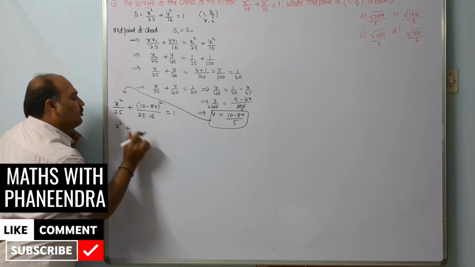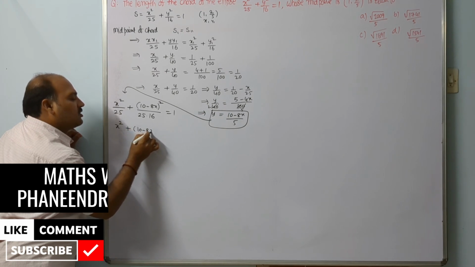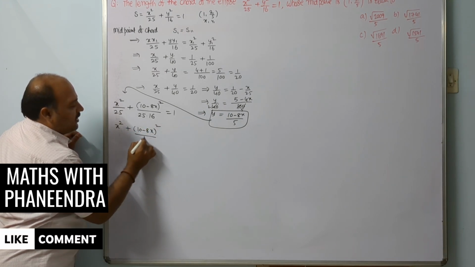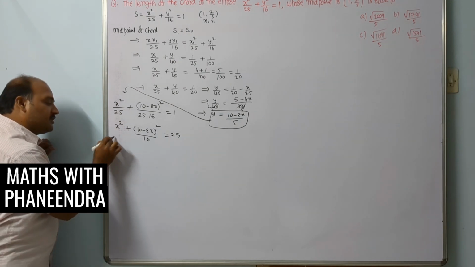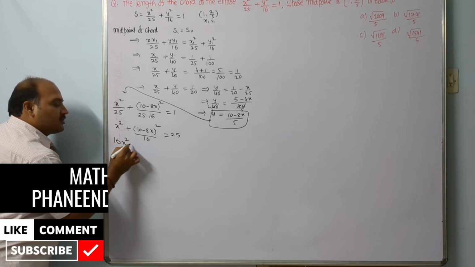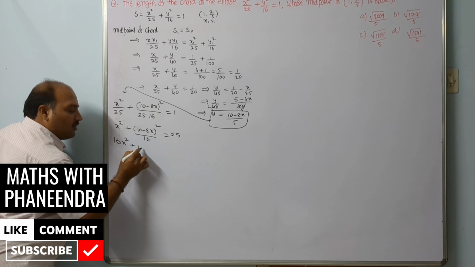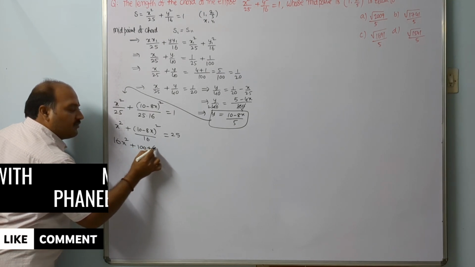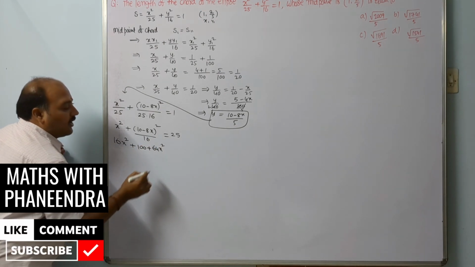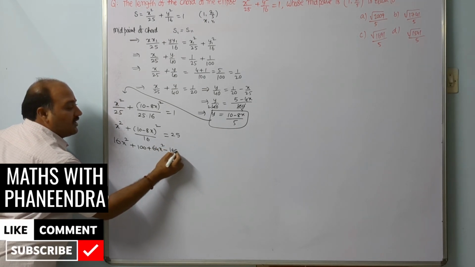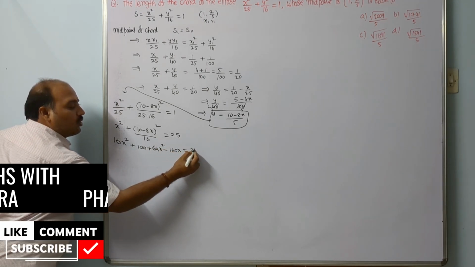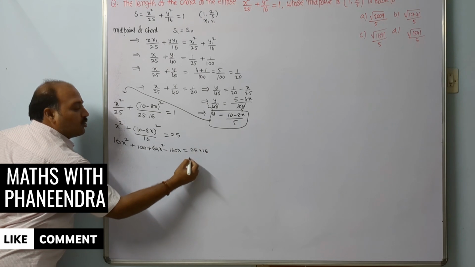Otherwise, better to do (10 minus 8x) whole square divided by 16 is equal to 25. Now cross multiply, students: 16x square plus 100 plus 64x square. Next, minus 2 into 8, 16, so 160x is equal to 25 into 16, that is equal to 400.